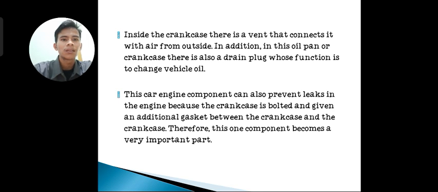The car engine component also prevents leaks in the engine because the crankcase is bolted and given an additional gasket between the crankcase and the cylinder block. Therefore, this one component becomes a very important part.